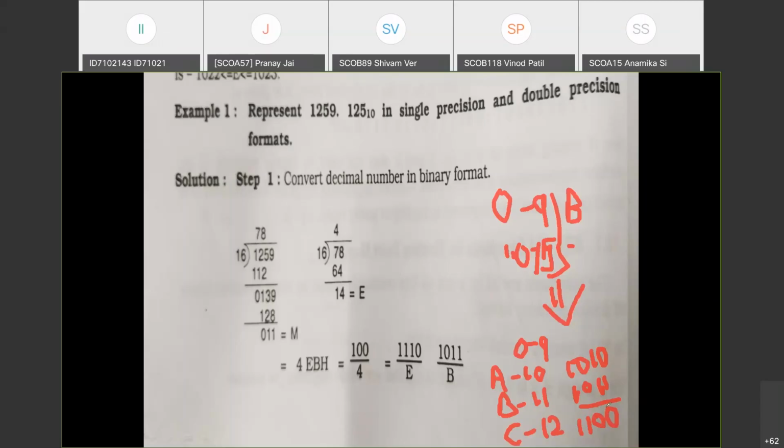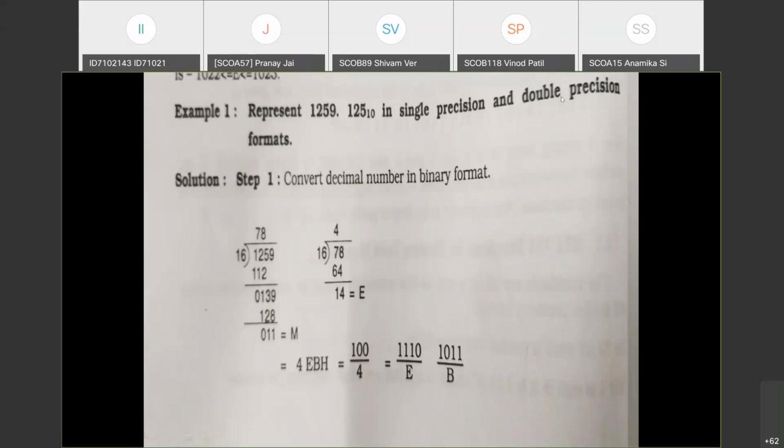So here, instead of performing operations on this huge number, they have given a shortcut. What is that? Here we need to find the answer in a shortcut way. 16 is the base of the hexadecimal number system. So the given number is divided by 16, and we keep the remainders. That is nothing but the value of the mantissa. Then how can we find the value of the exponent?